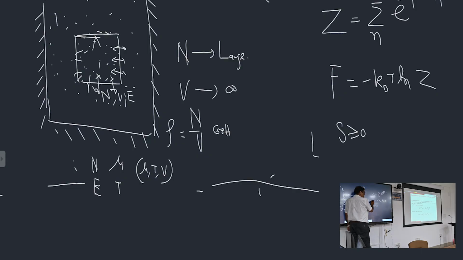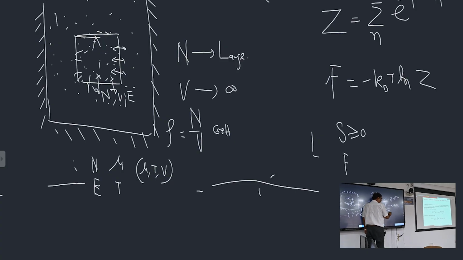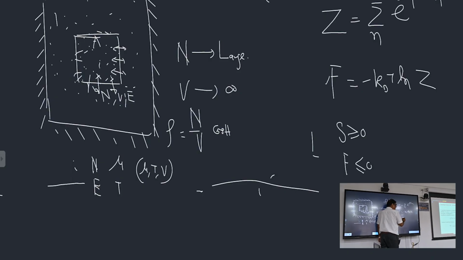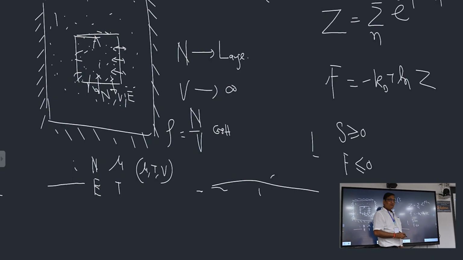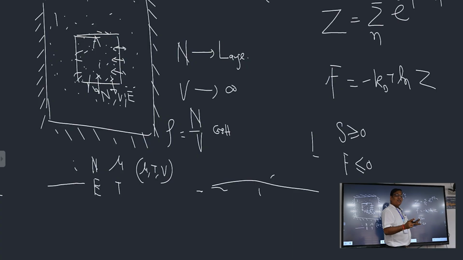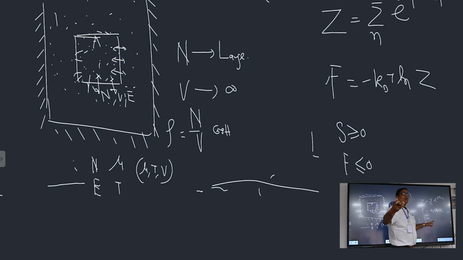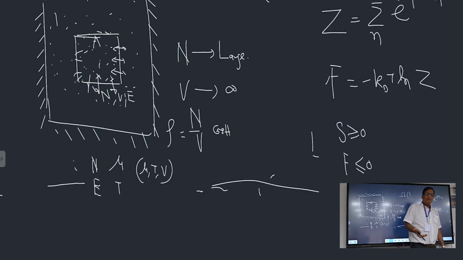In the same way, for the canonical and grand canonical ensembles, this quantity F, the Helmholtz energy in this particular case, always decreases or remains constant. So at equilibrium, if the system is isolated, we talk about the maximization of entropy. In the same way, for the canonical system, we talk about the minimization of the Helmholtz energy. So at equilibrium, it becomes minimum.